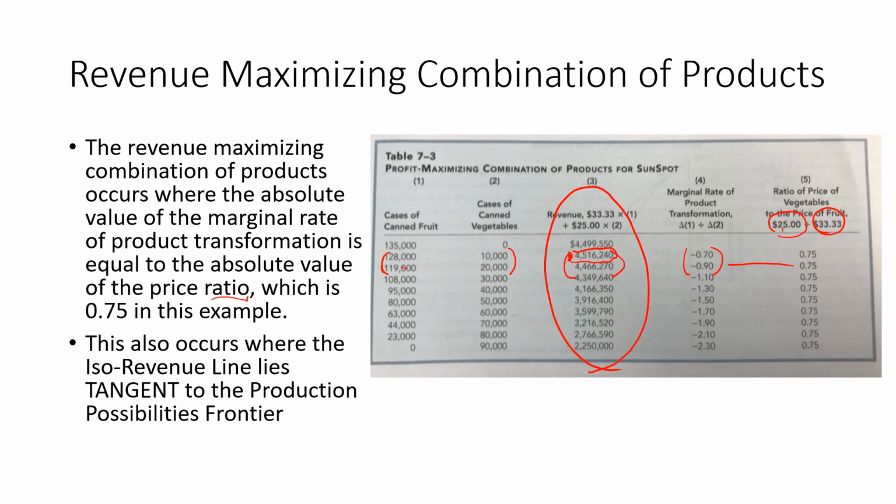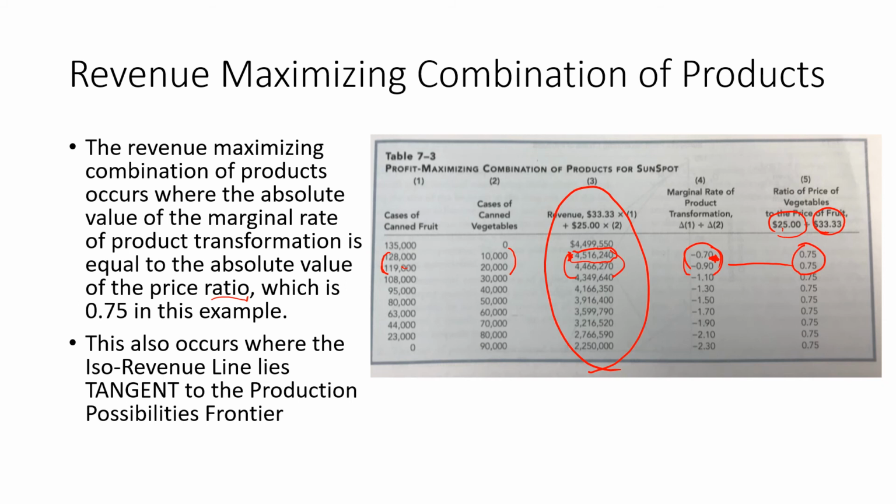In this case, the ratio is 0.75. Neither of these points is 0.75, but somewhere in between those two points is going to be the revenue maximizing combination.